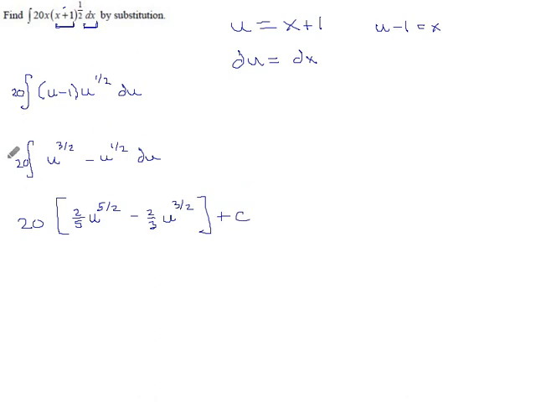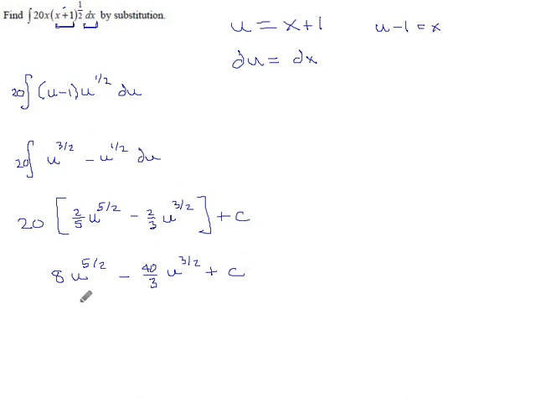So if we clean this up, 20 times 2 is 40, divided by 5 is 8, u to the 5 over 2, minus 20 times 2 is 40 divided by 3. Nothing we can do with that. u to the 3 over 2 plus c.